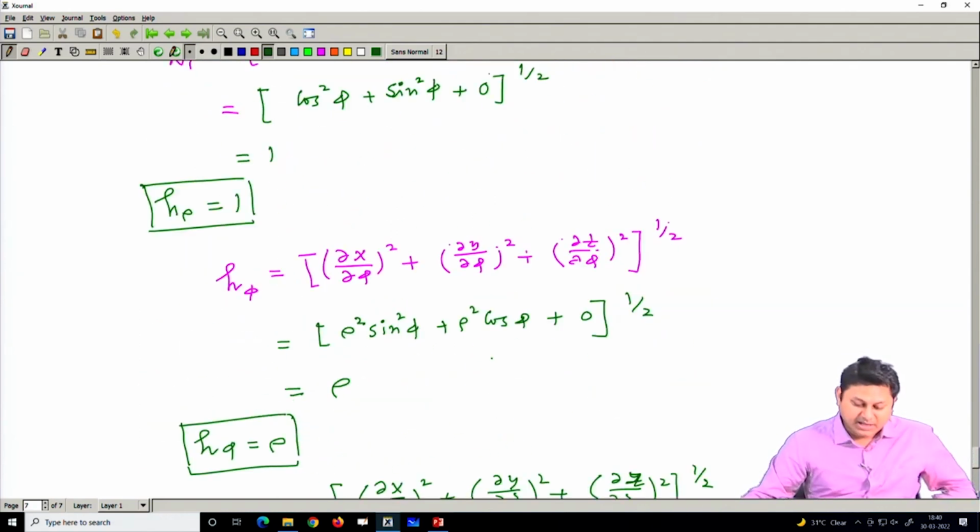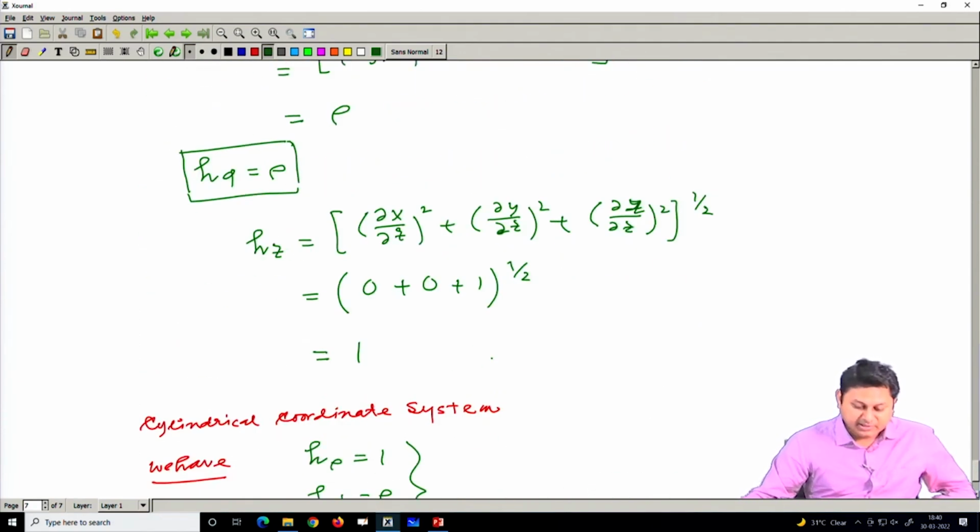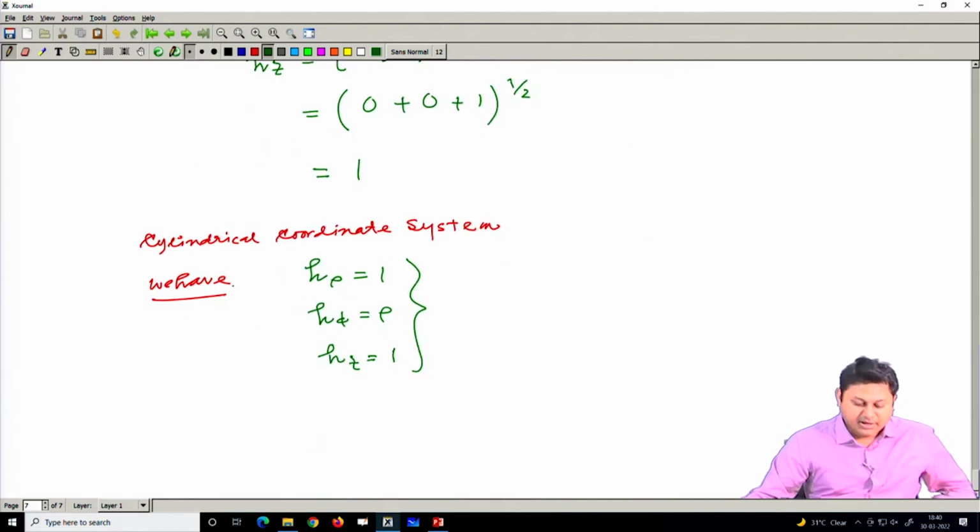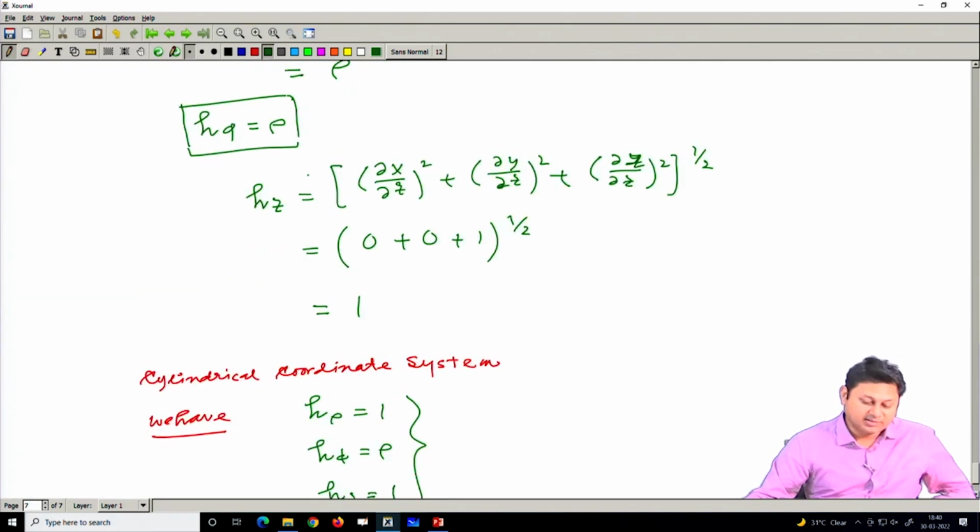Okay, I do not have much time to elaborate on that. In the next class maybe we can find out the scaling factors for the spherical polar coordinate system. The process will be exactly identical.